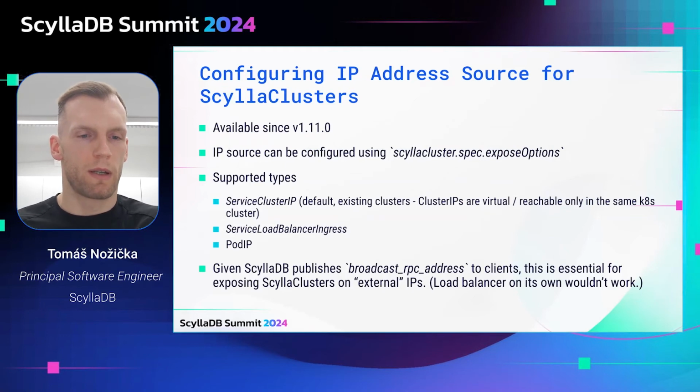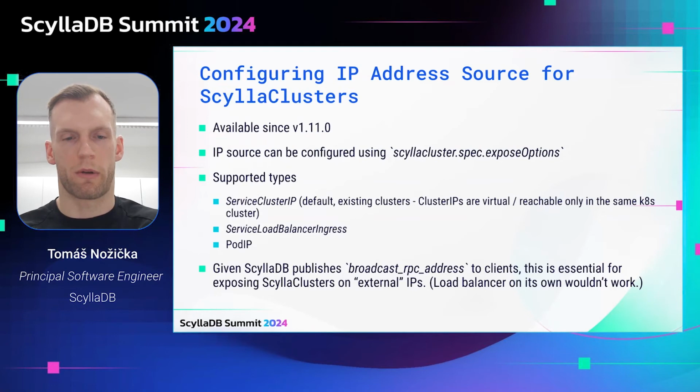So with this change, we have also added support for using pod IPs, which is essentially an IP that comes from your VPC. And also for service load balancer ingress, which is a service with type external IP, which is how in Kubernetes you essentially get a load balancer, either with external or an internal IP, depending on how you configure it. So there is a matrix of options that you can now use.